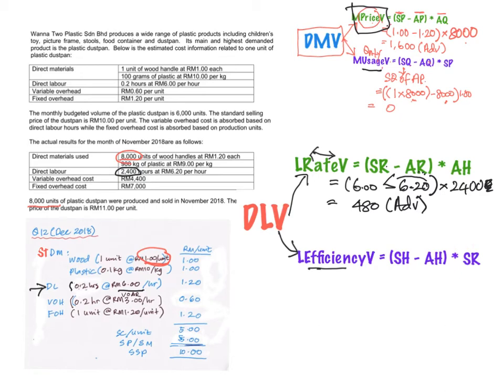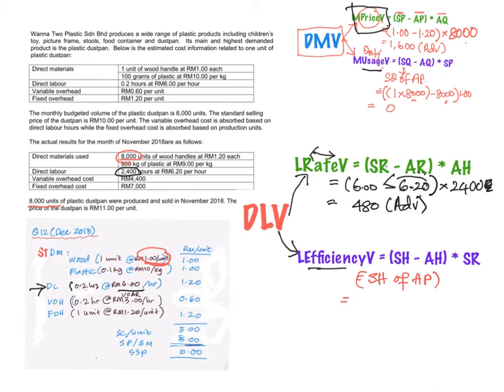So here, for labor efficiency variance, we need to calculate the standard hours. Just like the material usage variance, standard hours here is actually the standard hours of actual production. So how do we calculate the standard hours?